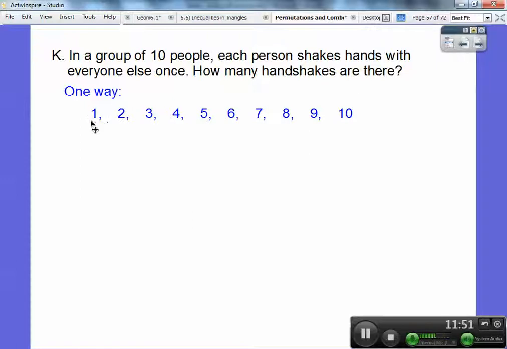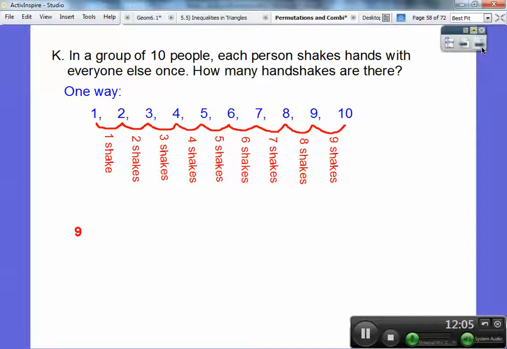So what I did is I organized this, and I said, okay, this person, number 1, goes through and shakes 1, 2, 3, 4, 5, 6, 7, 8, 9. He does 9 handshakes when he goes through. Now, he's done. He's shaken everybody's hand because he only shakes everybody's hand once. So I'm going to cross him off the list.